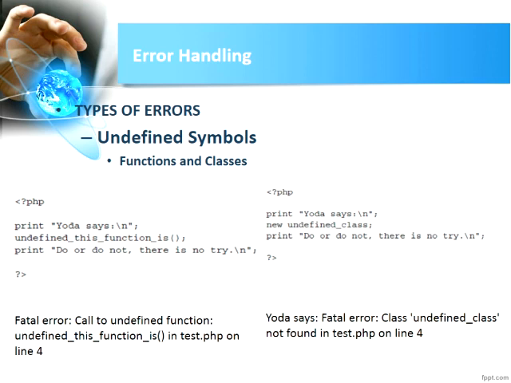Let's move now to another type, undefined symbols: functions and classes. So if we call an undefined function like this, or we call an undefined class, we will find a fatal error: call to undefined function.